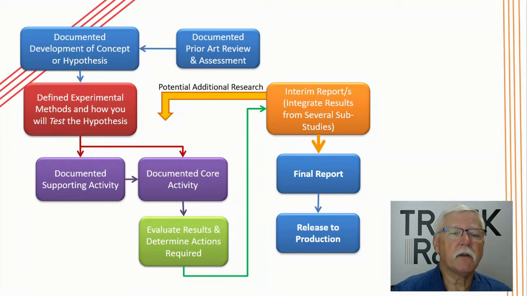Once this background work has been completed, we move into the experimental phase where we are documenting supporting and core activities, remembering that supporting activities underpin the work undertaken within a core activity.